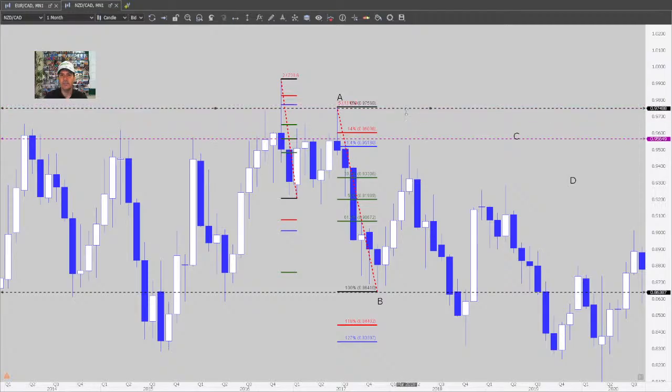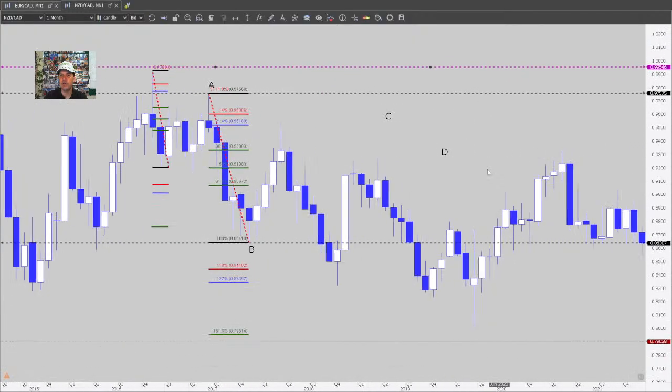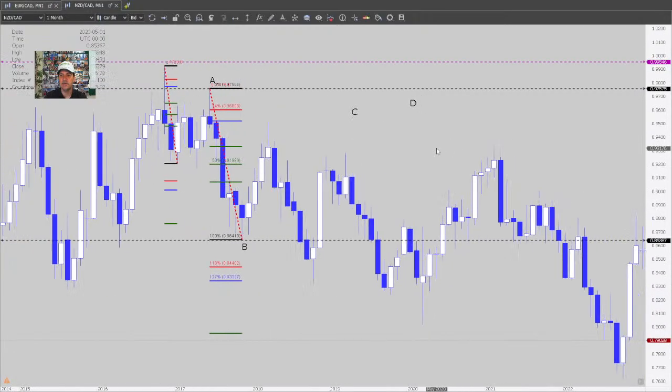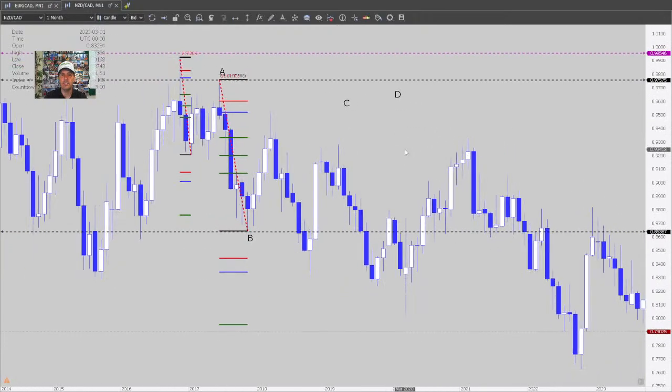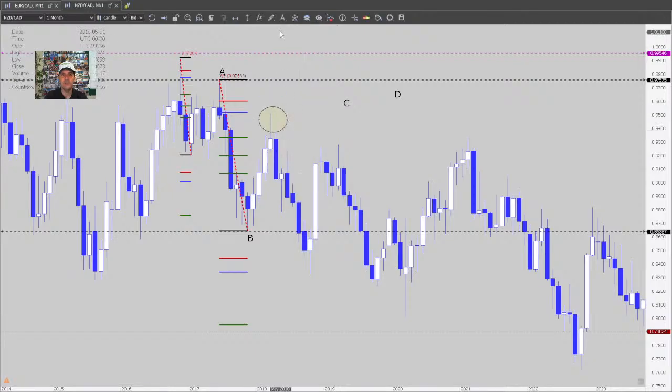We have the new A and the new B. We're going to zoom out the chart, A, B, C, D. Which one is the C, everybody? Is the first circle the C, the second circle the C, or the third circle the C?